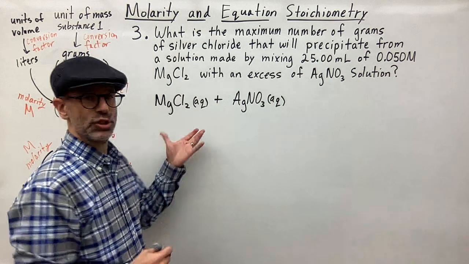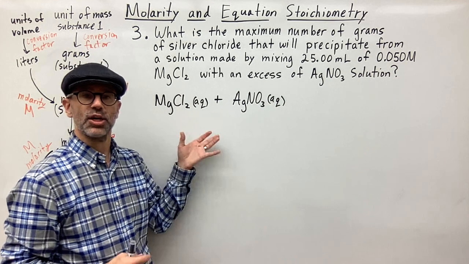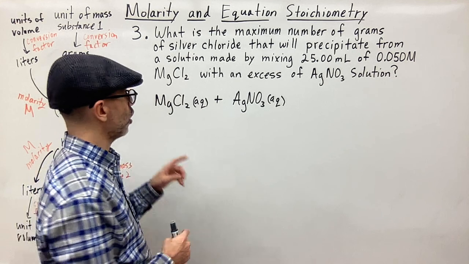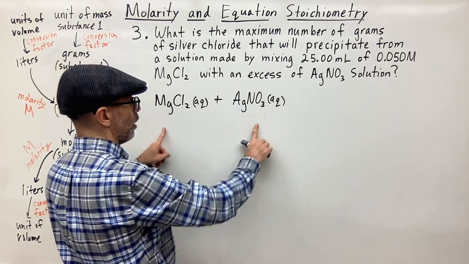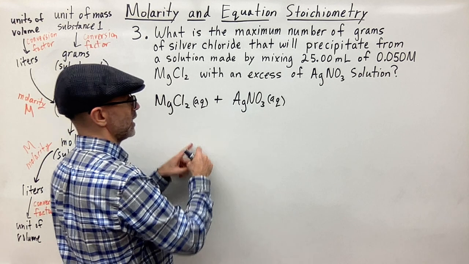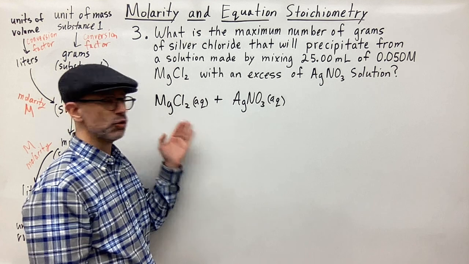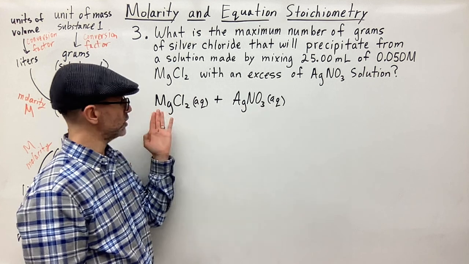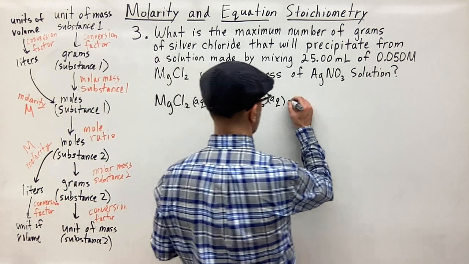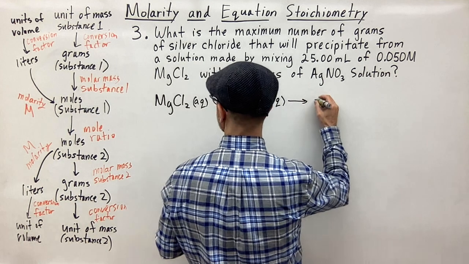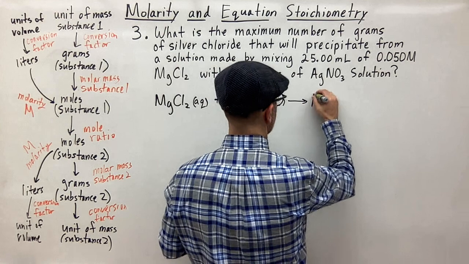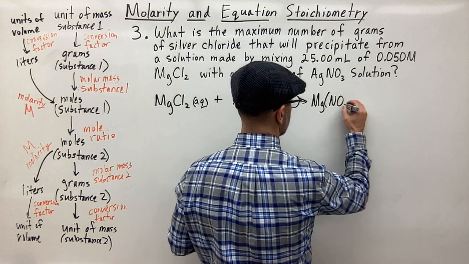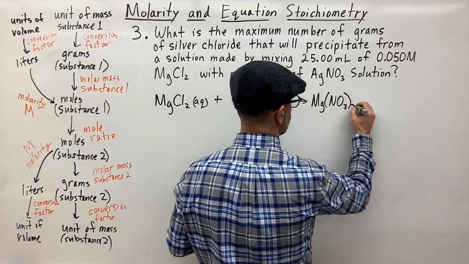And notice we have two ionic compounds, aqueous, so this is going to be a double displacement or double replacement reaction. So we're going to put the two outer ions together, magnesium and nitrate. Magnesium is a +2, nitrate is a -1, so we're going to need two nitrates to balance the charge on the magnesium. So that's going to be Mg(NO3)2.